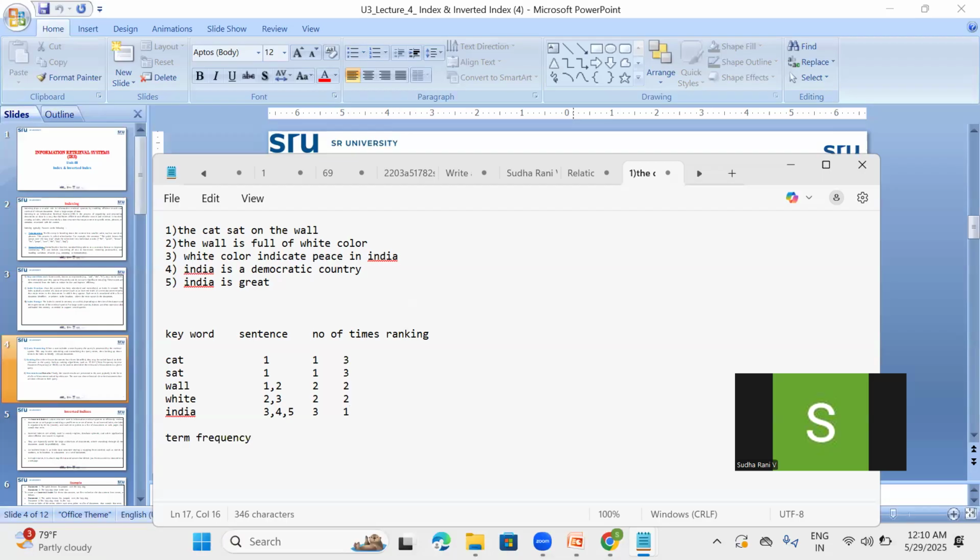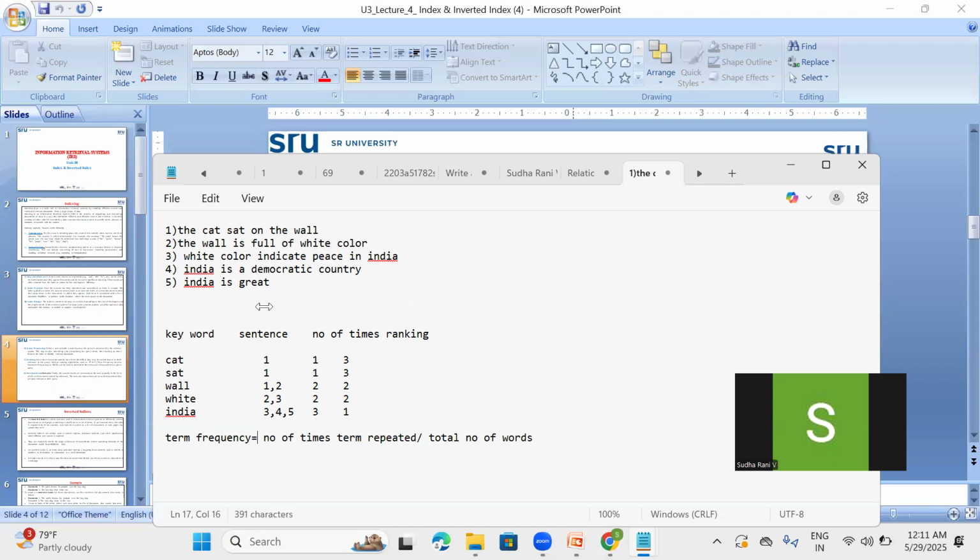It means the number of times a term is repeated, divided by the total number of words. This is the term frequency calculation. Term frequency equals number of times term repeated by total number of words. This is the formula.